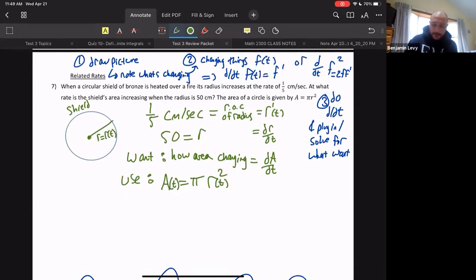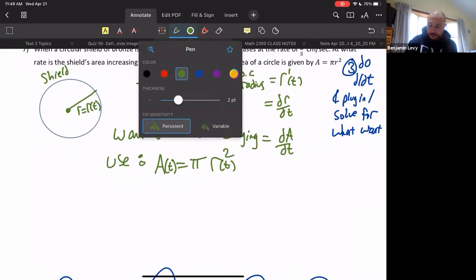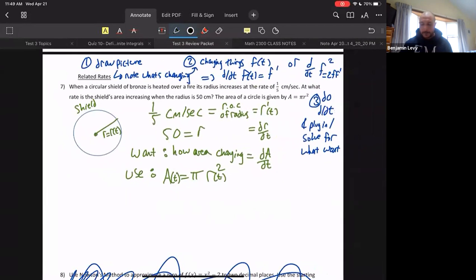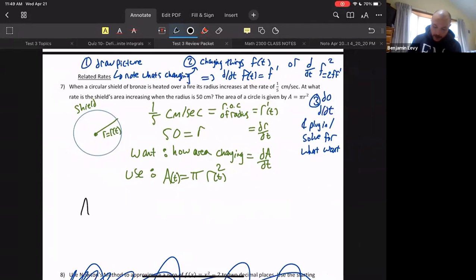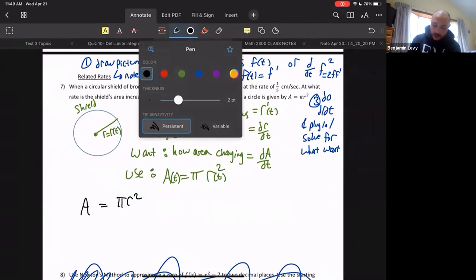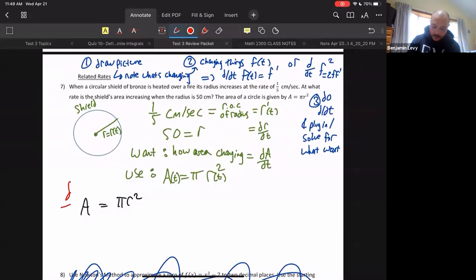What do you think about the setup? You have to find the derivative. Yeah, so we want to start with A equals pi r squared, and we want to do d over dt of both sides.